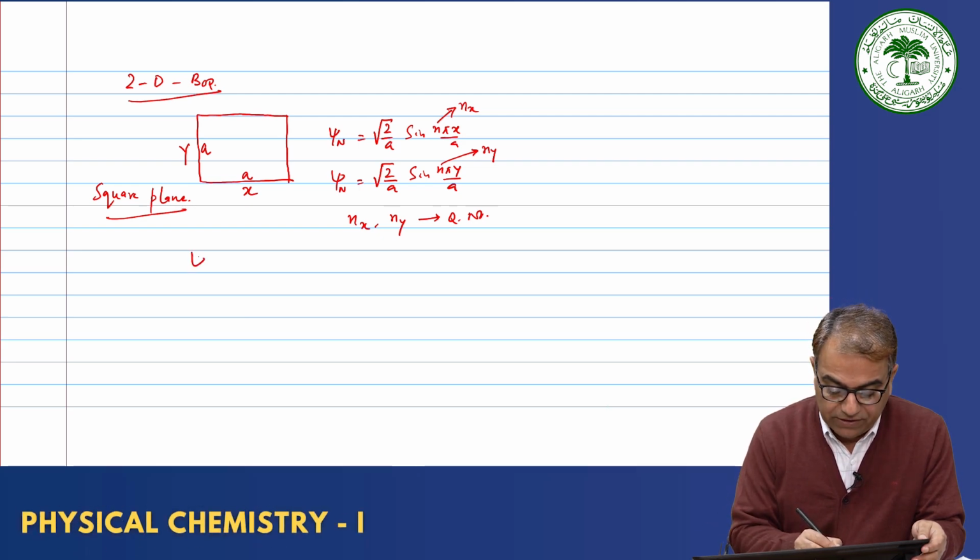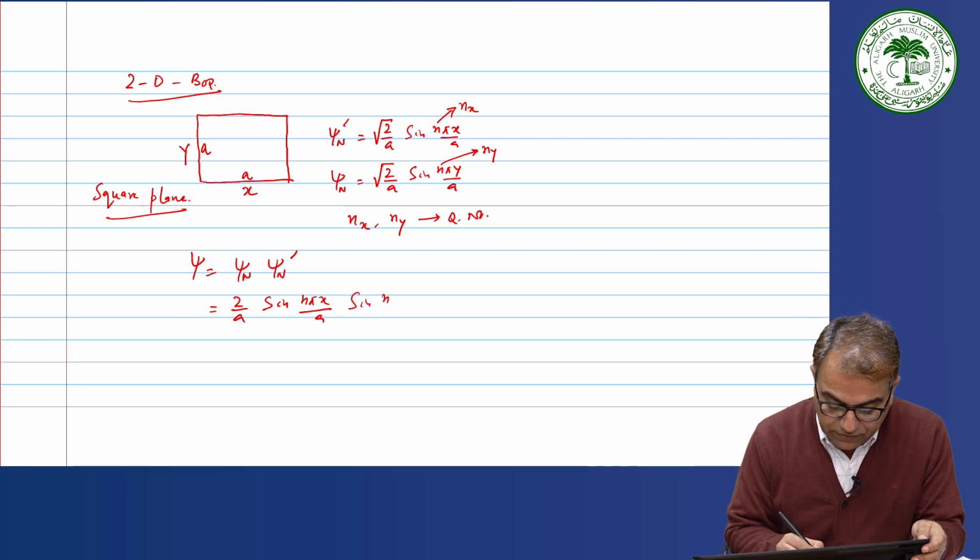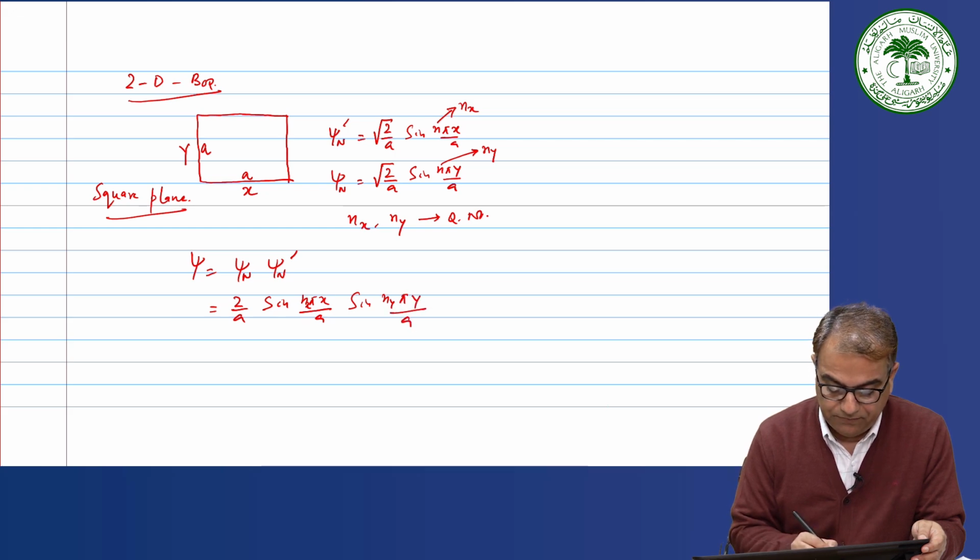The total wave function psi should be the product of psi n and psi n prime. So it will be 2 divided by a, sine nx pi x upon a, and sine ny pi y divided by a.